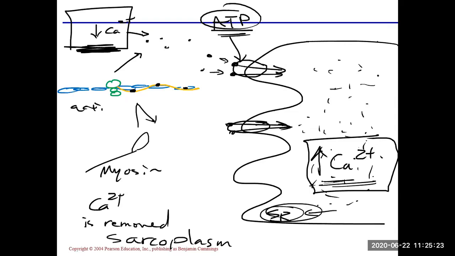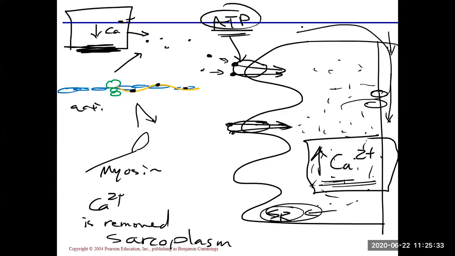That's what happens when an action potential comes in and voltage gated channels are opening, but they're not going to last because the action potential passed. So some of the calcium is getting out, causing the contraction, but you still have more money in the bank. Even when you withdraw, the bank always has more money.